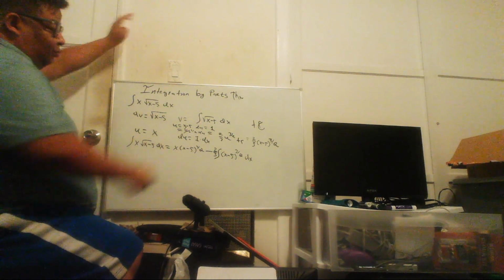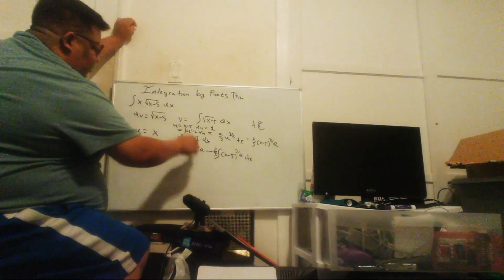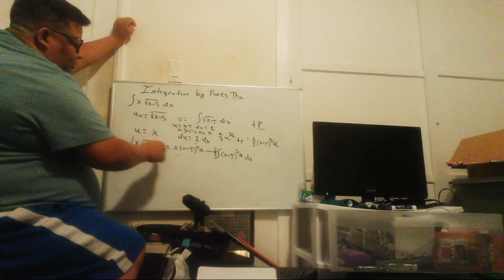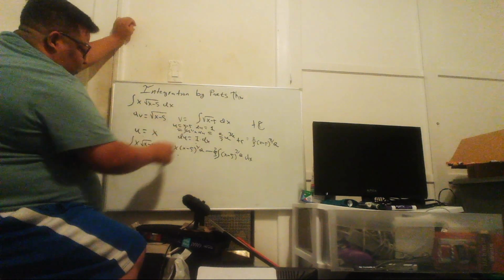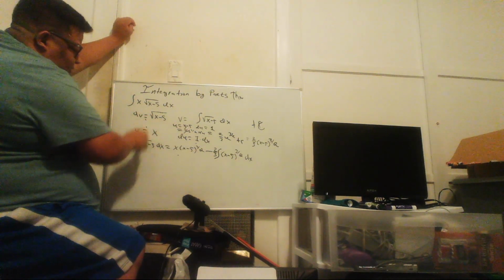Like I said, we're gonna do it vertically, so this integral is vertical: we do this times this, here we do this times v, and here is this times this, so that's the vertical.